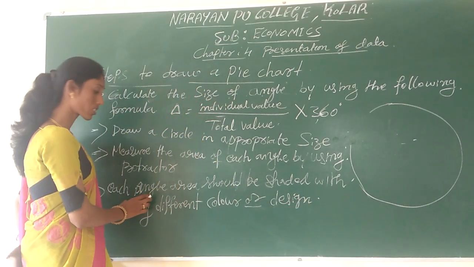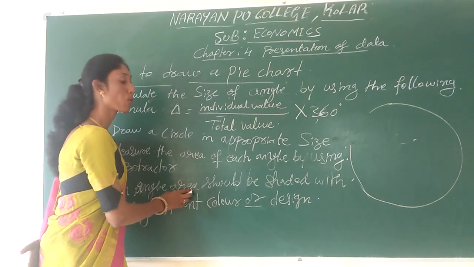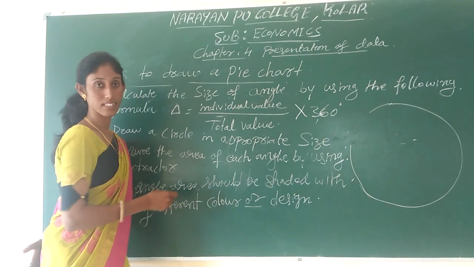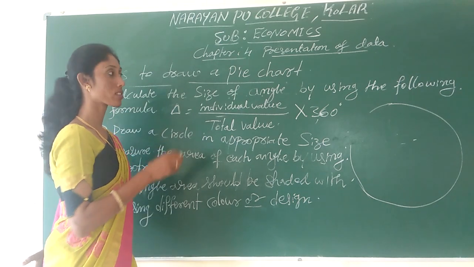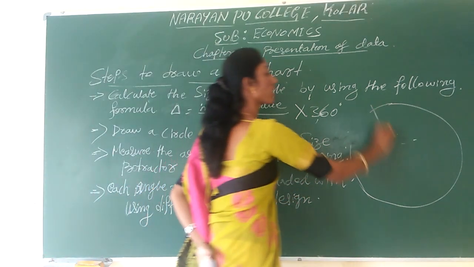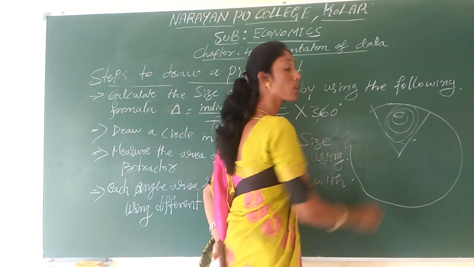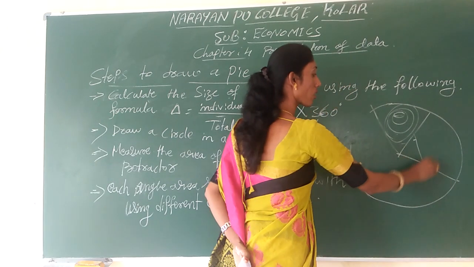We need to shade each angle area of a circle with different colors, designs or shades. It needs to be shaded because each angle area should represent what it is going to present, what it is going to show.